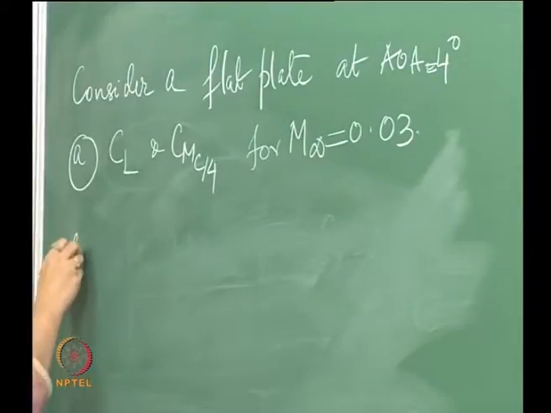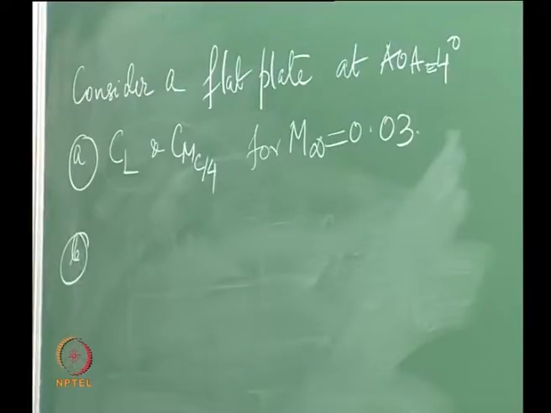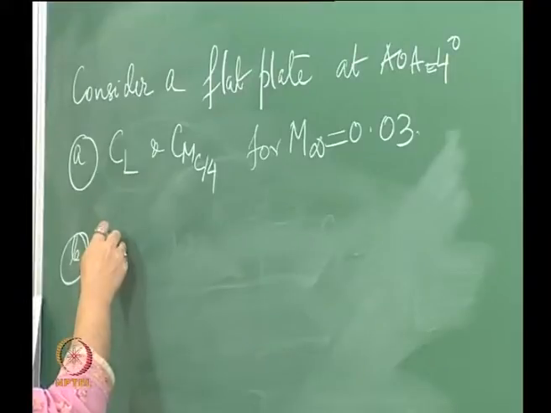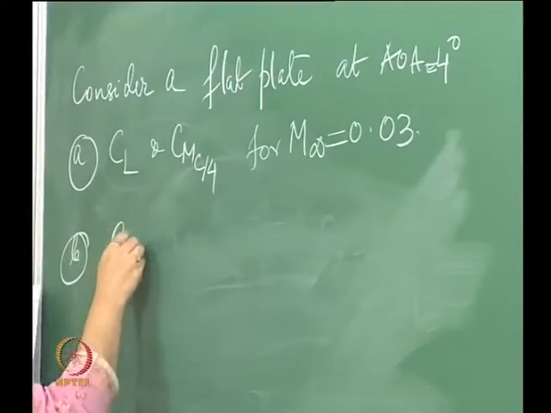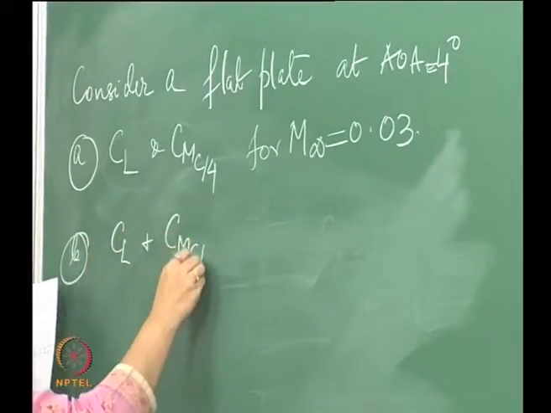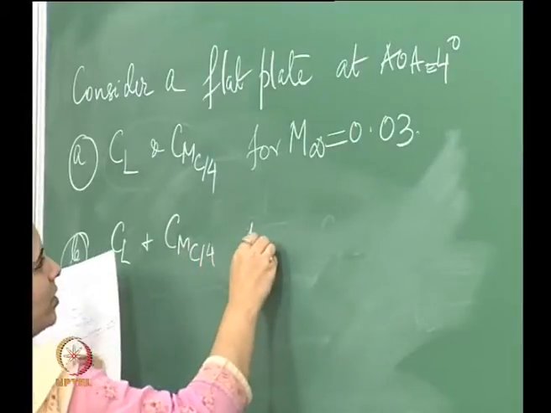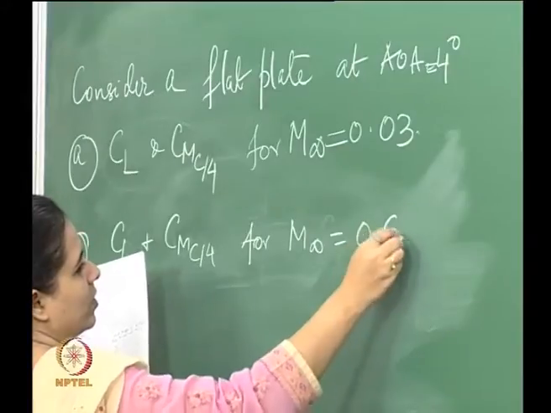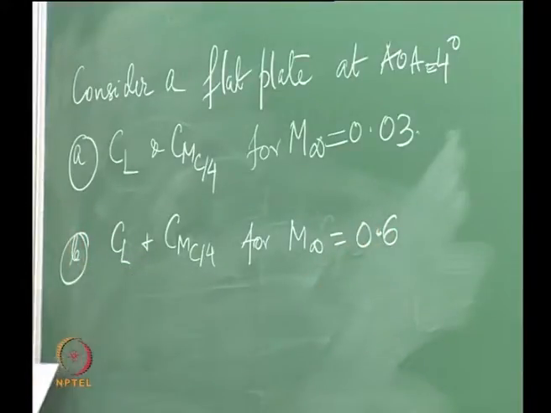And the second case is to calculate CL and Cm c/4 for Mach number 0.6.